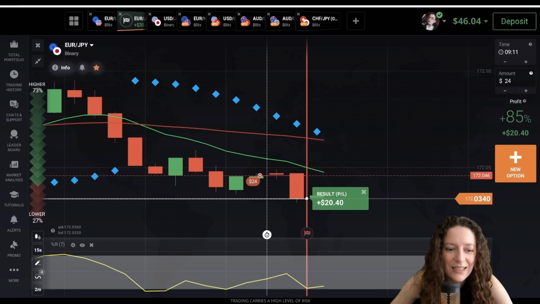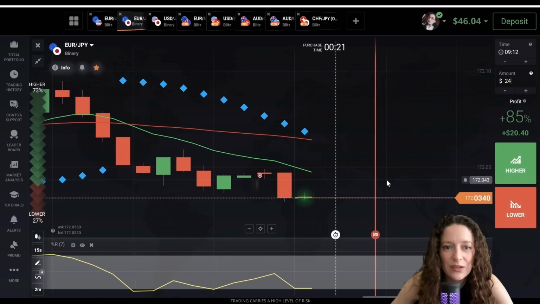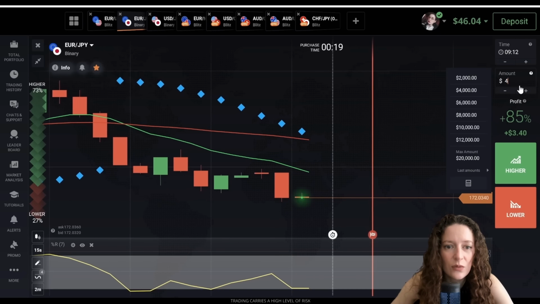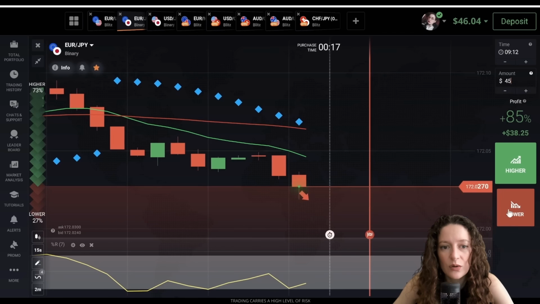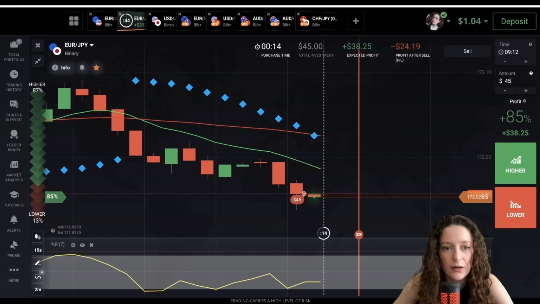Excellent. Let's continue to trade this currency pair again, because the indicator signals are still valid, and I hope that the candles will go down even further.